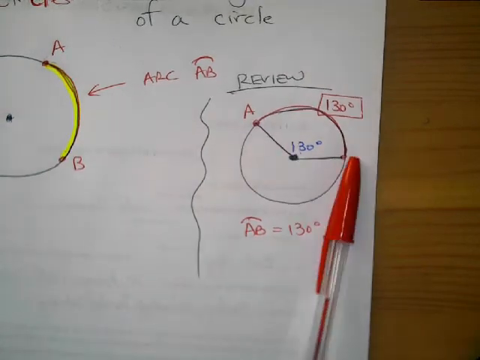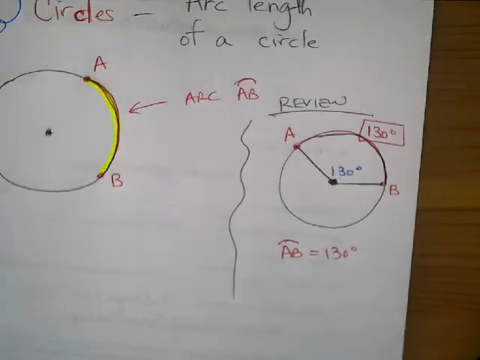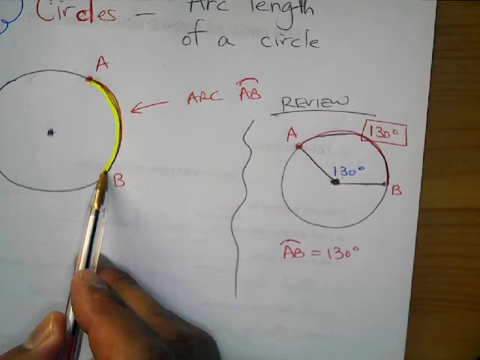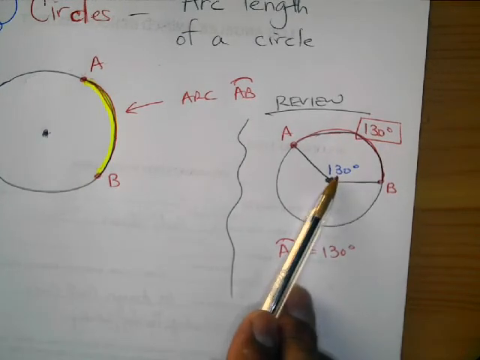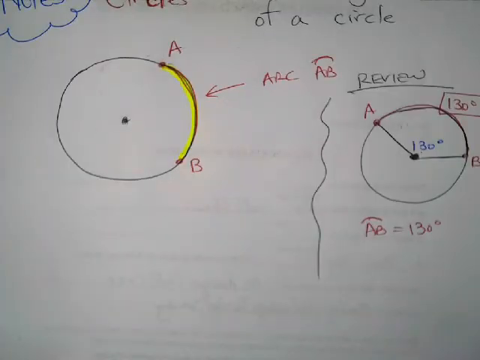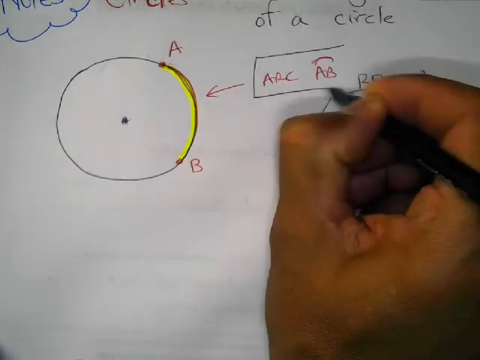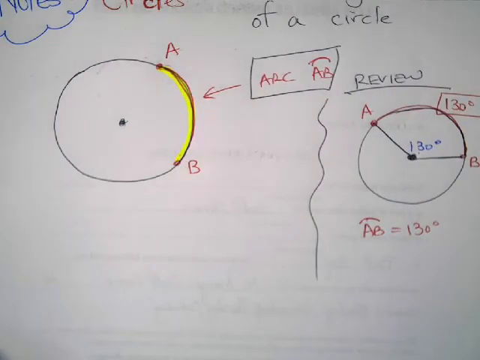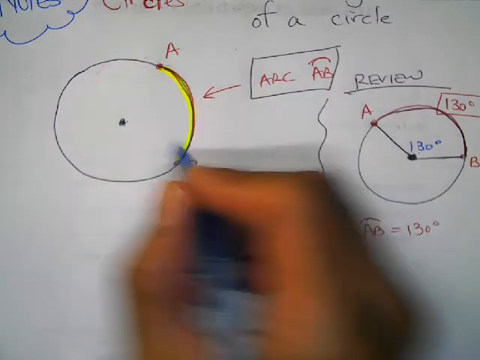Okay, the same thing's going to happen here, but we're not looking for the degree anymore. We're actually looking for how long the arc is. But we will need this degree measure. We'll be using it. So here is arc AB. That's this one here.